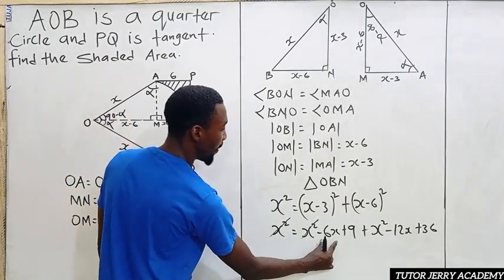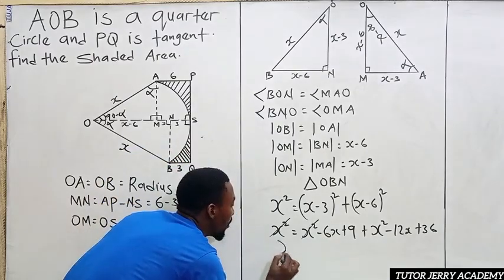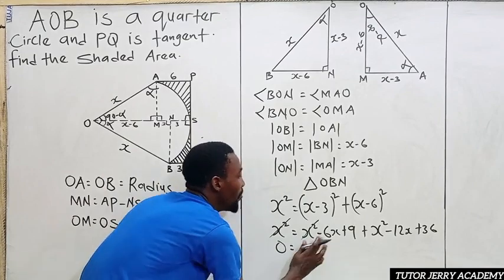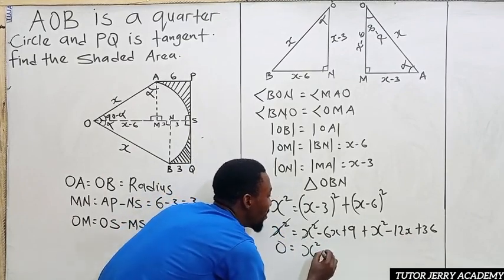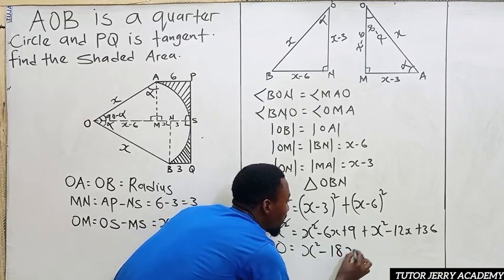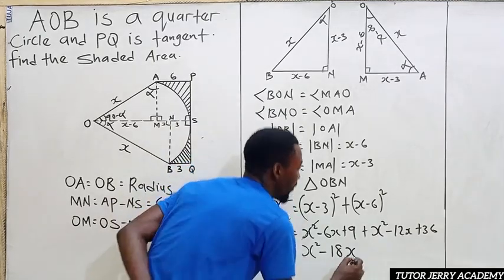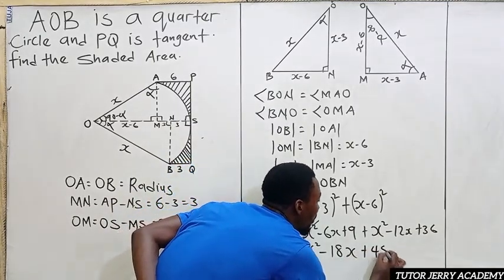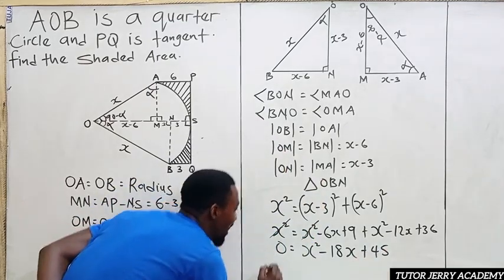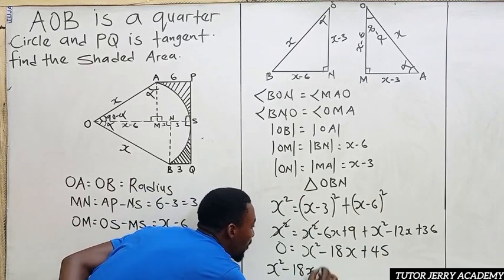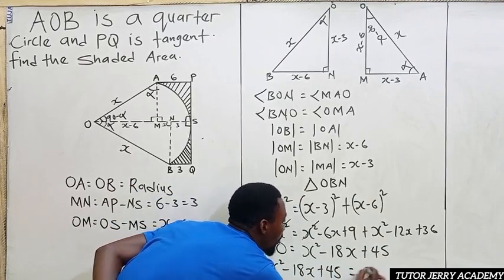Then we can say 0 is equal to, you can write S squared first, then minus 6S minus this, that is minus 18S. Then 9 plus this is going to give us 45. So plus 45. So if we rewrite this now, we are going to have S squared minus 18S plus 45 to be equal to what?